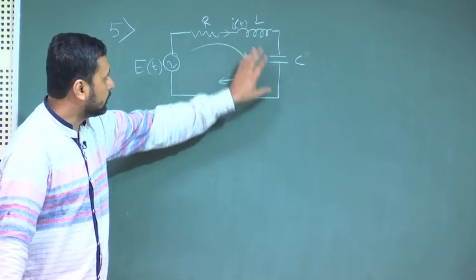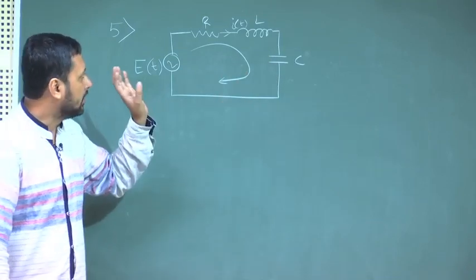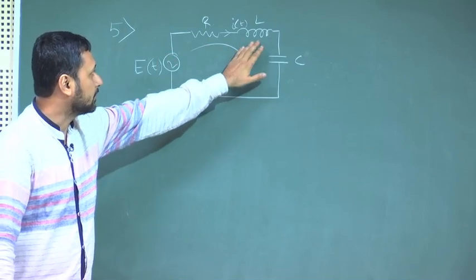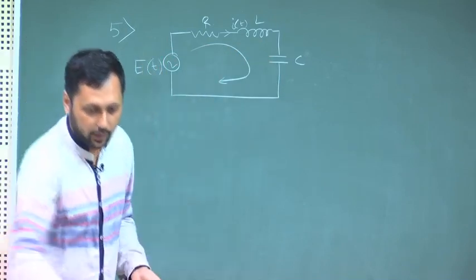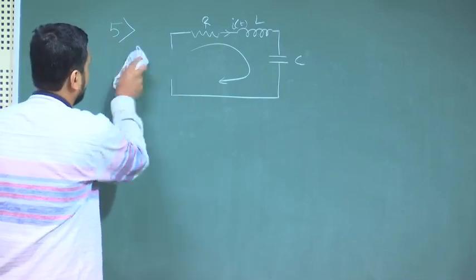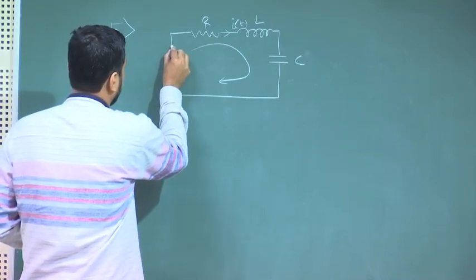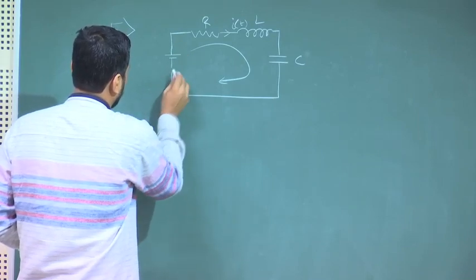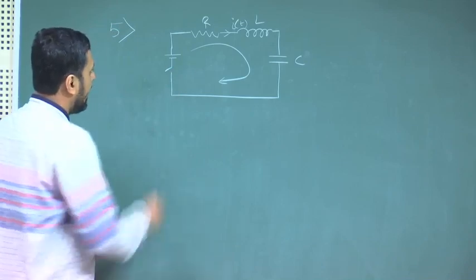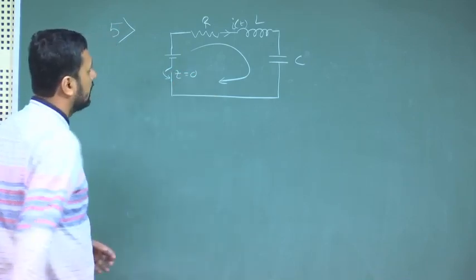Now, if you look carefully, we are all familiar with the basic operations of these components. What happens the moment you close the circuit? For now, let us assume that there is no driving here. Maybe there was a battery, okay, and there was a switch, and the switch is closed at time t equal to 0.